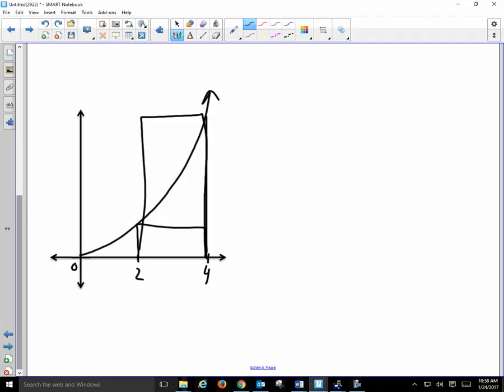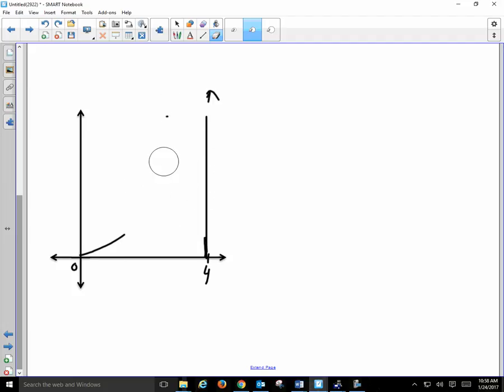The question is, do you make the height of the rectangle from the right side of the interval or from the left side of the interval? We're going to make all of them from the right side today. Tomorrow we'll look at left side, we'll look at trapezoidal, we'll look at midpoint, we'll look at different options. But today, everything is right side. Got that?